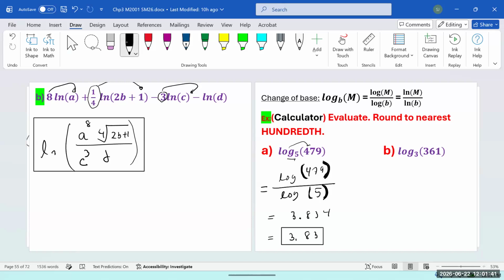Is she correct? Great. The next one. You're done. 5.36. The next digit, 0. So 5.36. So what did you do? How did you find it?